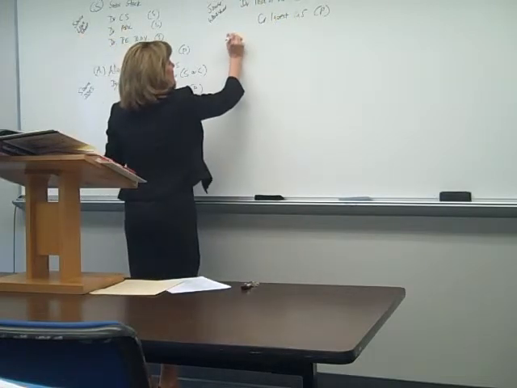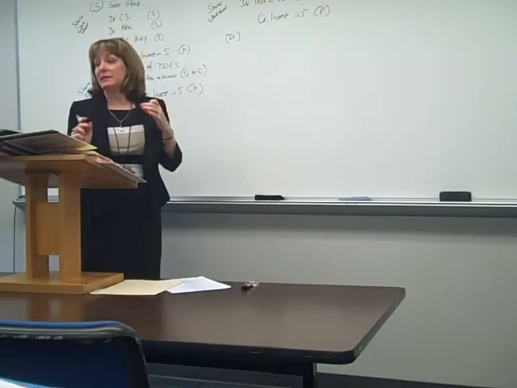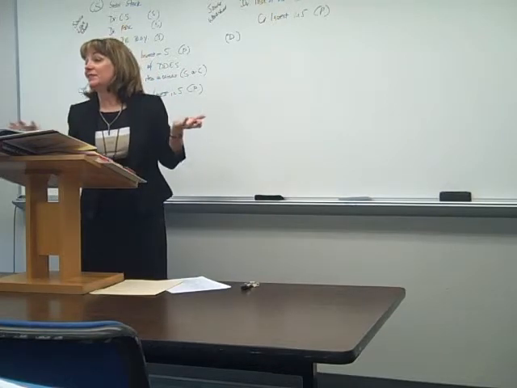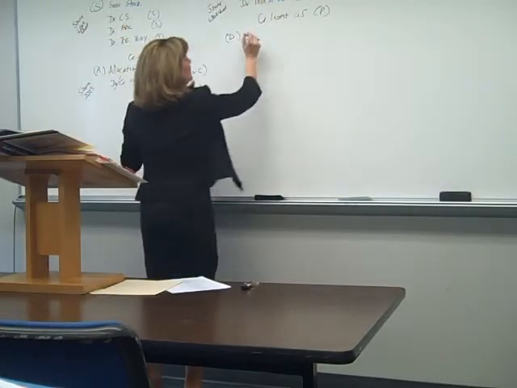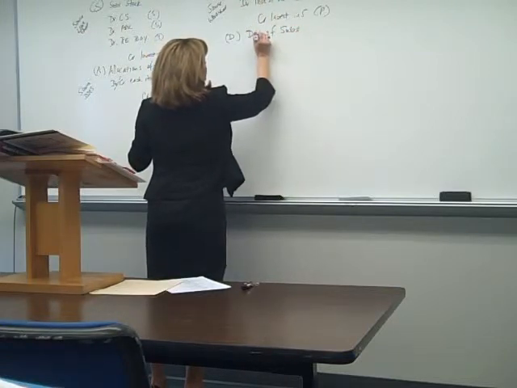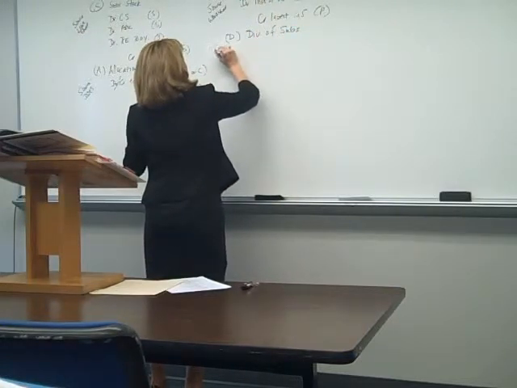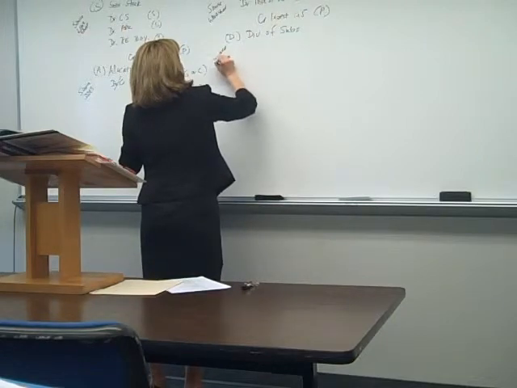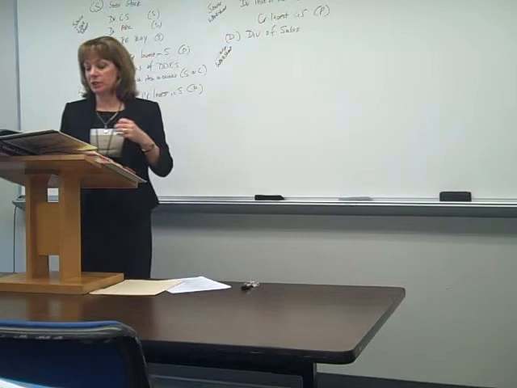The D takes that other piece, which is the dividends. So it's the dividends of subsidiary. And the source again is the worksheet.